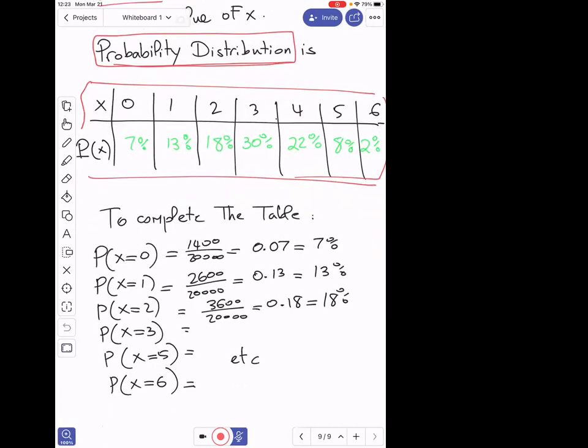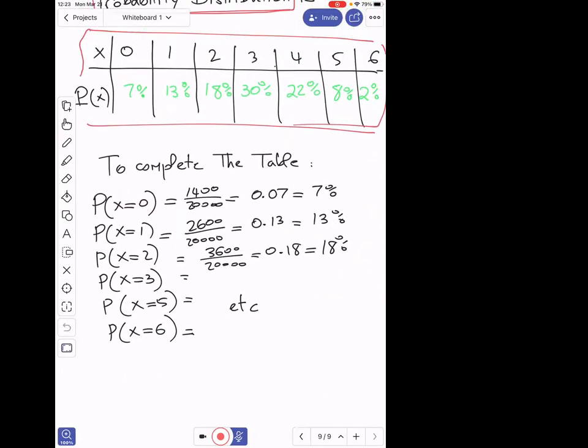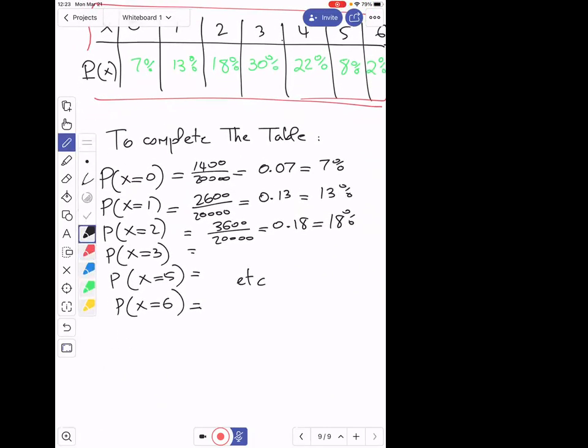So before the next exercise, let me just say one remark about the variable x, which is kind of an important remark. You see the values of x go from 0 to 6, right? So the variable x here can take on only a finite number of values.